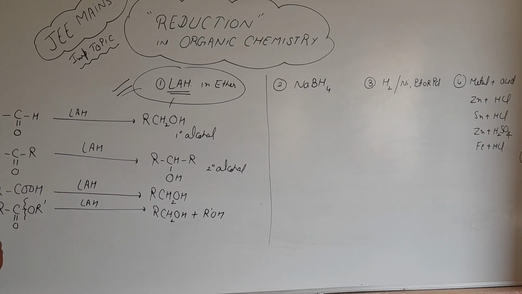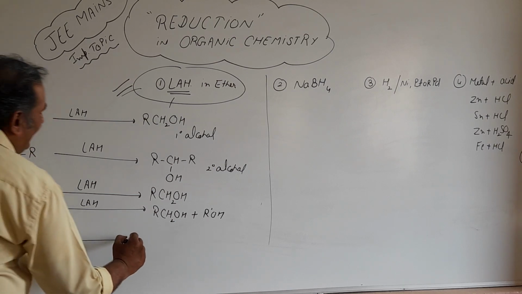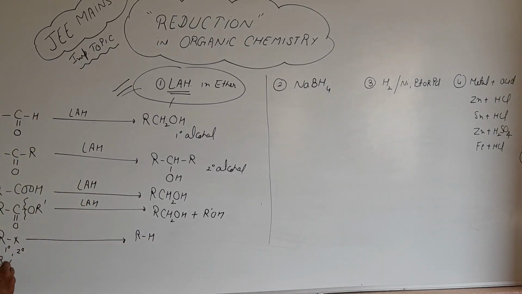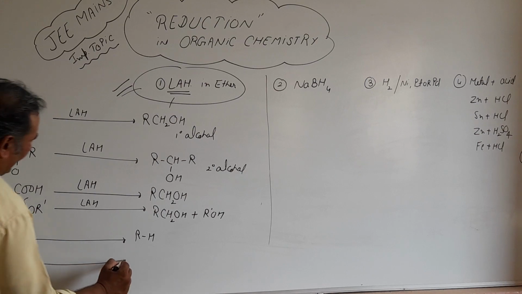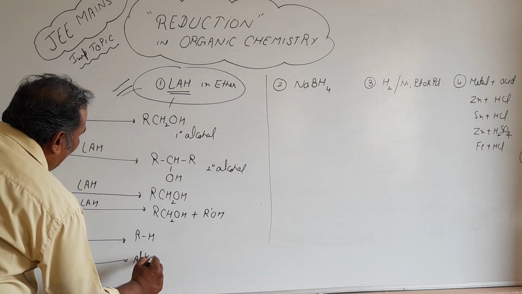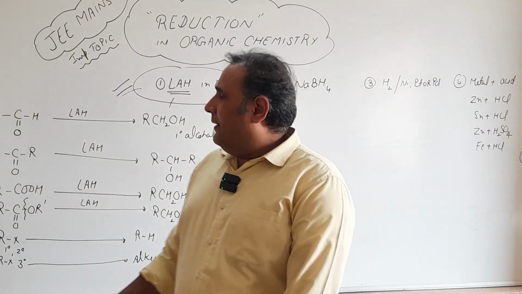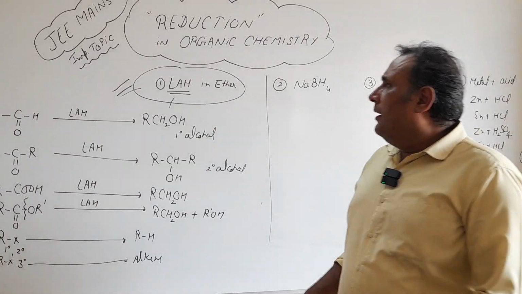If we are using alkyl halide, as we discussed earlier, if it is 1 degree or 2 degree, then the alkyl halide will get converted into alkane. But if the alkyl halide is 3 degree, then there is formation of alkene having the same number of carbons as present in the alkyl halide.